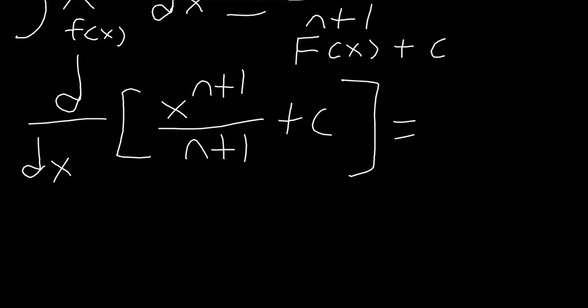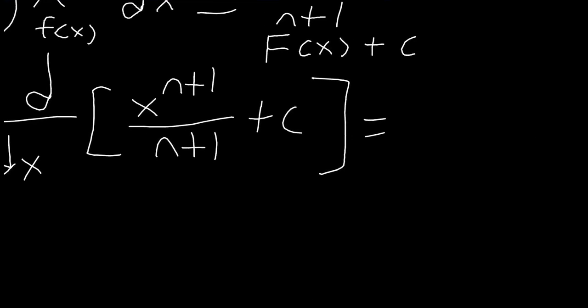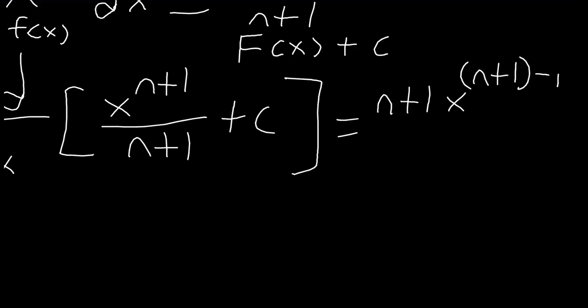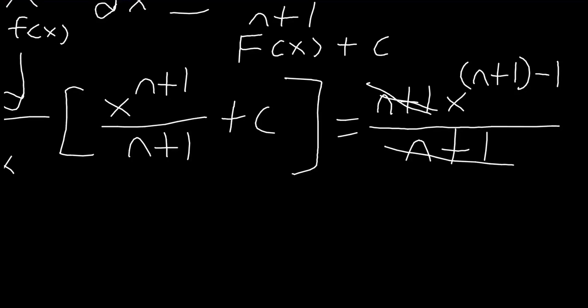If we use the power rule for derivatives on this, we bring the exponent out in front and then subtract 1 from the exponent, and it's all over n plus 1. Then we can see that these are going to cancel, and the 1's are going to cancel, and we're just left with x to the power of n.